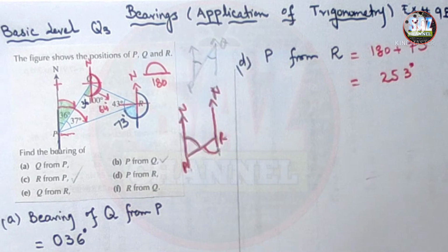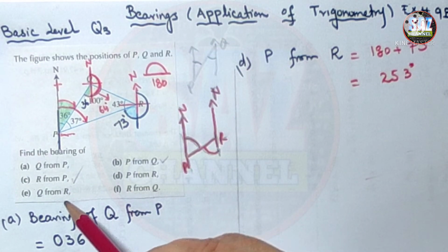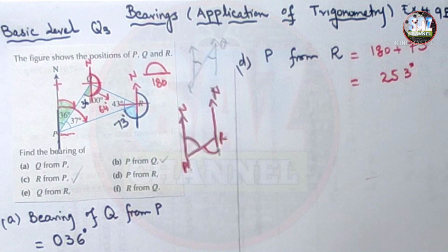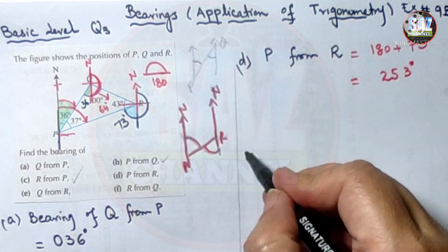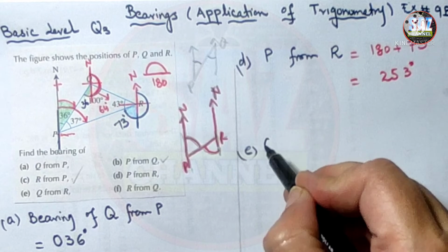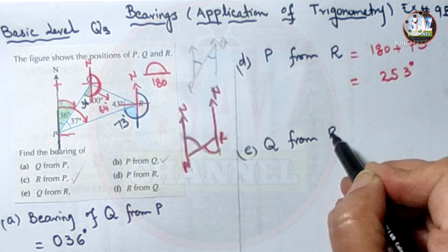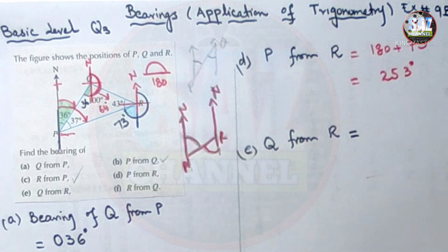Then the next part says bearing of P from R is done. Bearing of Q from R, this is part E. Now again recall, north has to be drawn at what point?